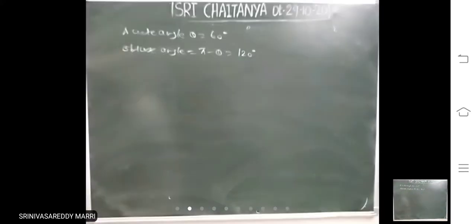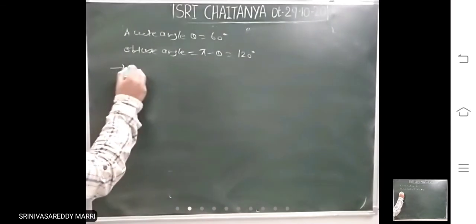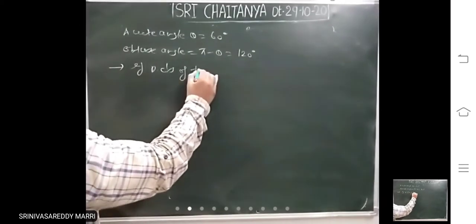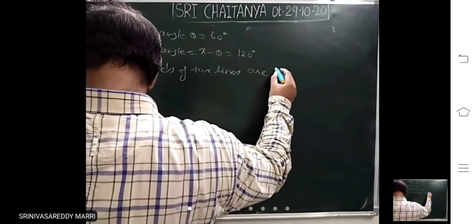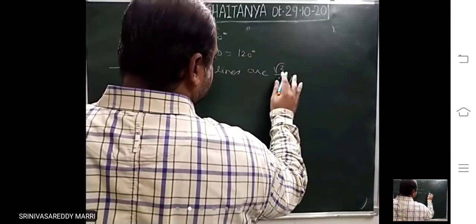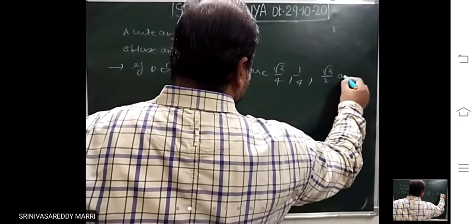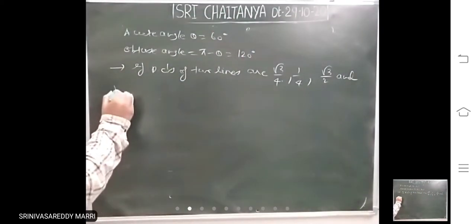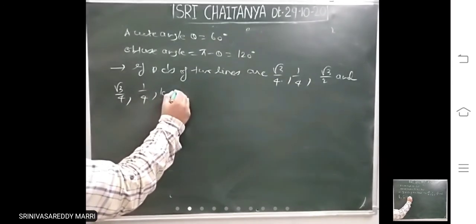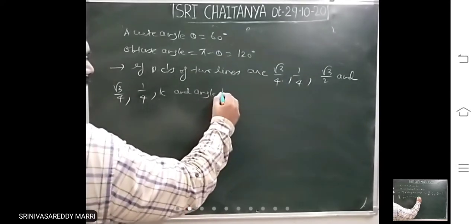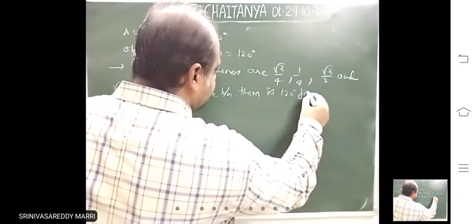Look at the next problem. Suppose we ask the problem like this: root 3 by 4, 1 by 4, root 3 by 2 and root 3 by 4, 1 by 4, k, and the angle between them is 120 degrees.